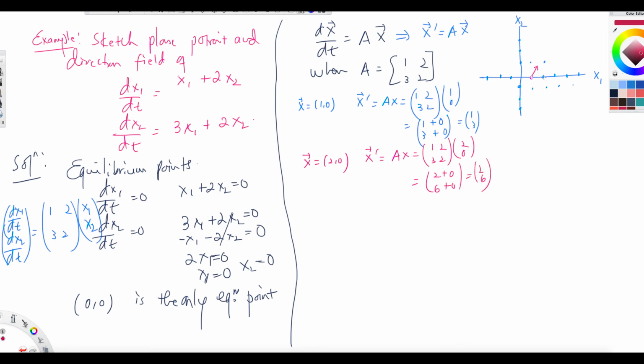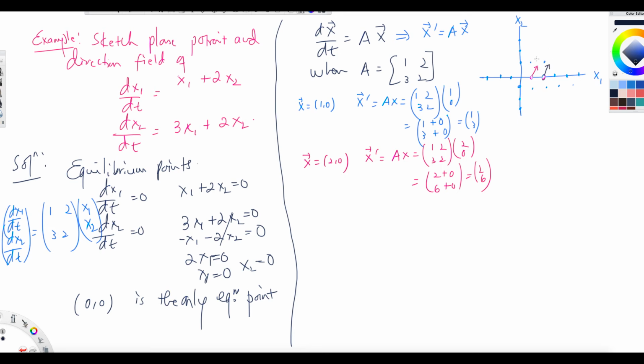Let me use a different color there. So this is point (2, 0). From (2, 0) you will write a directed line towards (2, 6). You should count from here, not from the origin: 1, 2, and then 6 will be 1 2 3 4 5 6. So it is again going in that direction.